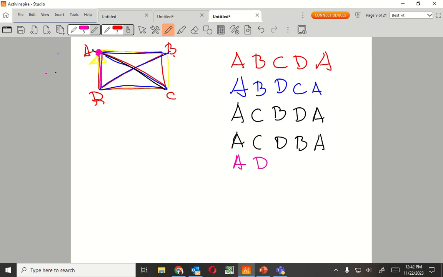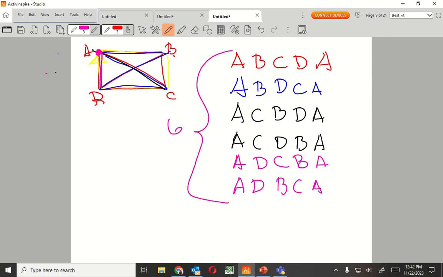I can go C, B, A. And then my last combination, A, D, B, because I'm just switching these two here, right? B, C, A. And how many did we end up with here?